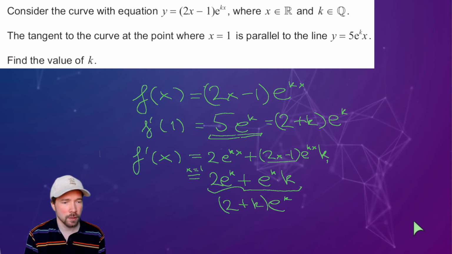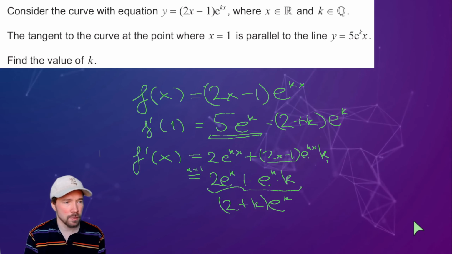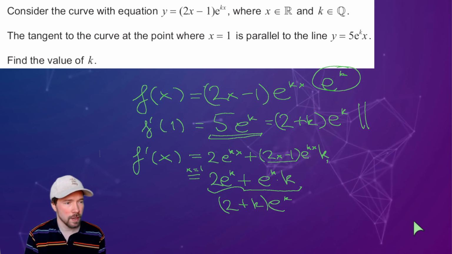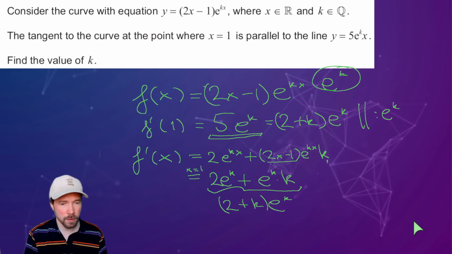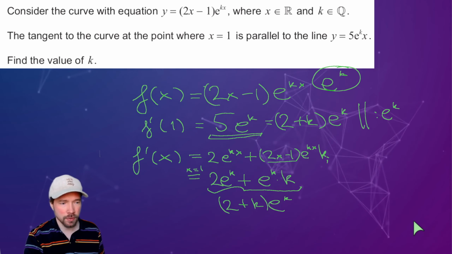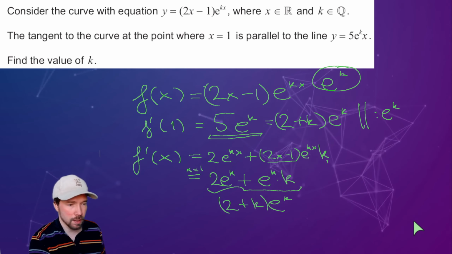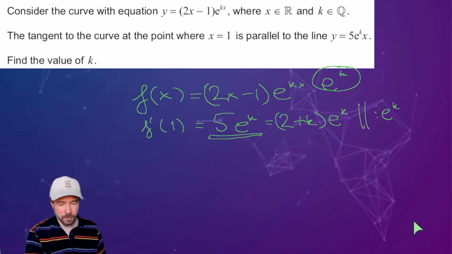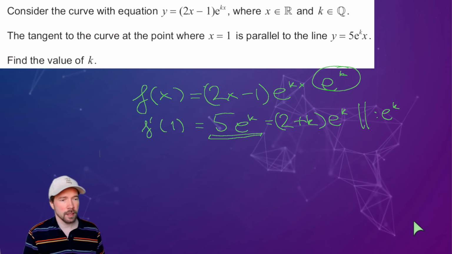It looks like we could just cancel e to power k out, because we can divide this equation by e to power k. What could be the obstacle to dividing by e to power k?